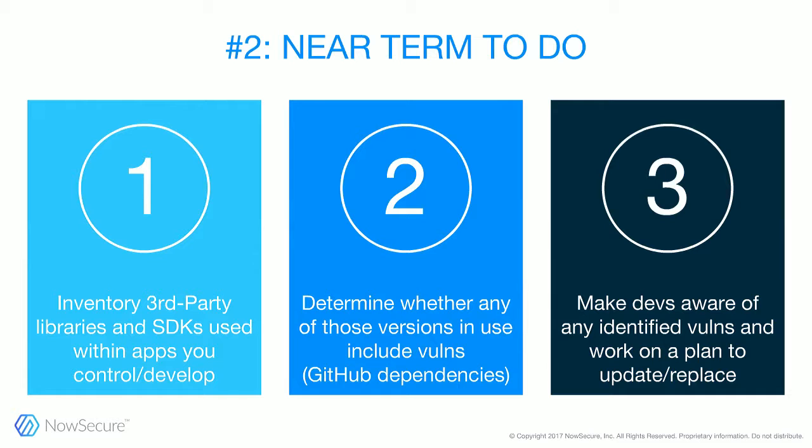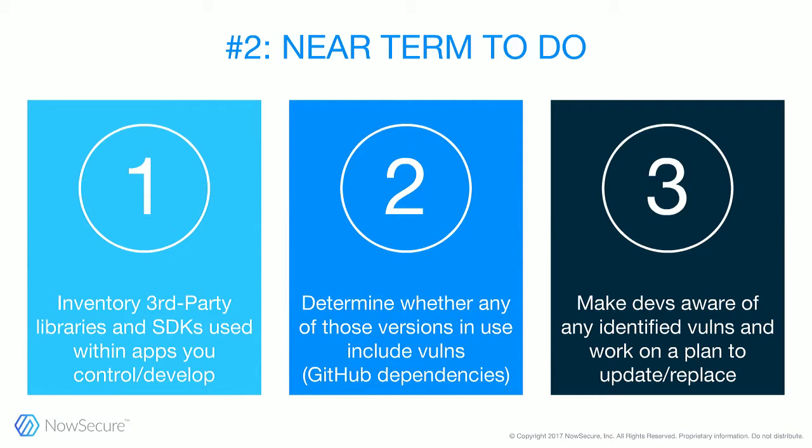The first step is to review and document the mobile applications that you develop or have control of, and take inventory of all third-party libraries and SDKs in use within these apps. That's step one. Once you have that list, you'll then need to determine whether any of those libraries or specific versions of those libraries include vulnerabilities.